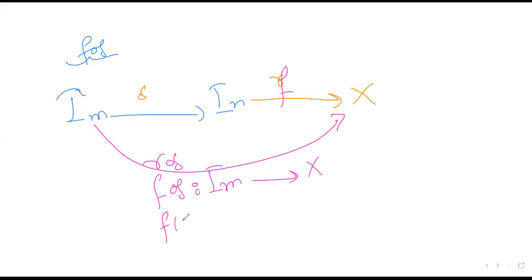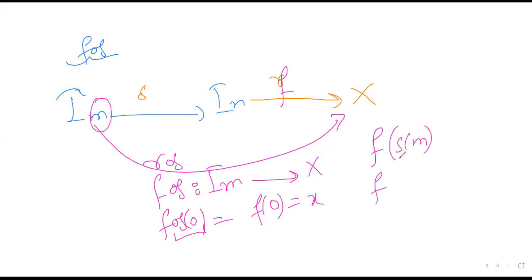If we substitute 0 in f composed with S, according to the definition we get 0, so we get x. And if we substitute m, the last point, S of m, according to the definition of a shrinking map, m is sent to n, so we get n. According to the path definition, we get y.